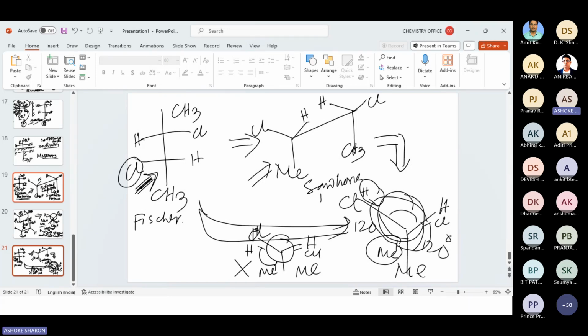Two groups can't be put on one particular side, because then that angle will be less than 120 degrees and this angle will be more than 120 degrees. So that will be completely wrong.